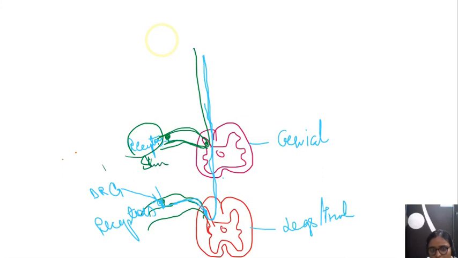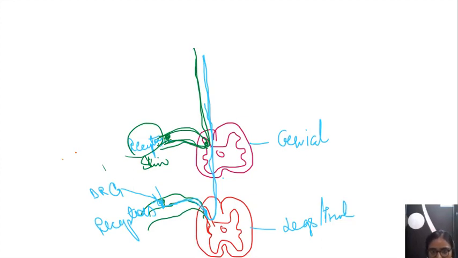Receptors take the sensation from the skin and pass it to the dorsal root ganglion. From there it will go to the dorsal gray horn, and there it will ascend upwards. Fine. So if you can see here, you see one thing.